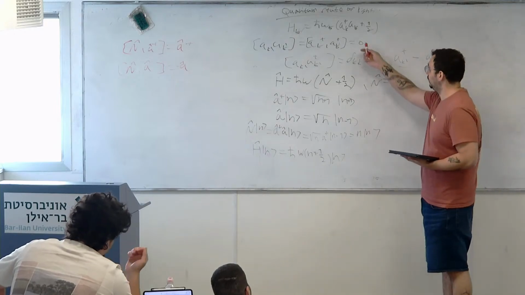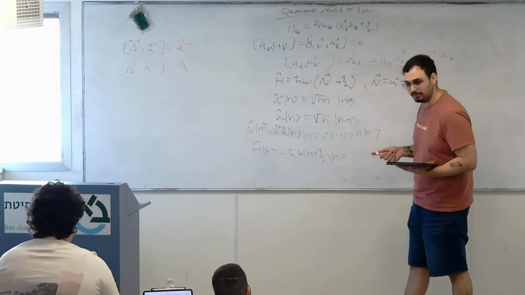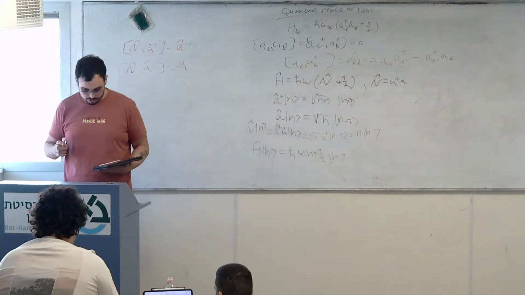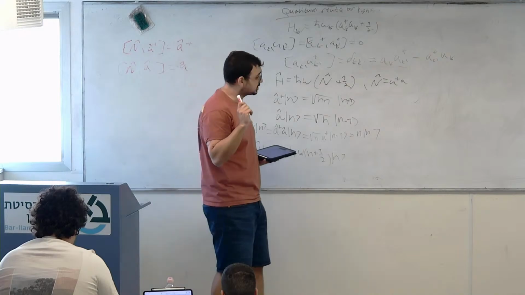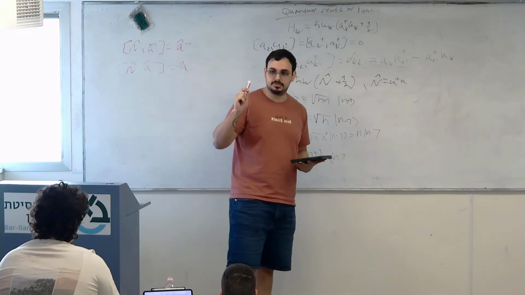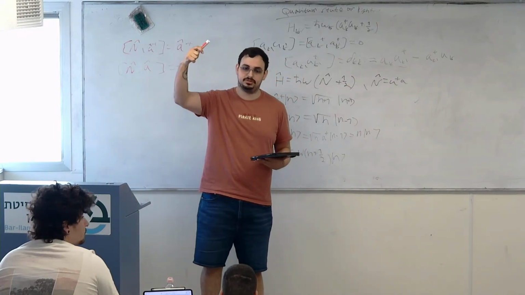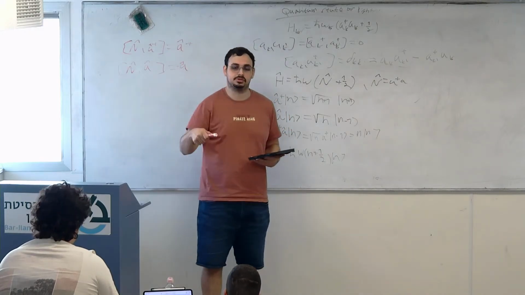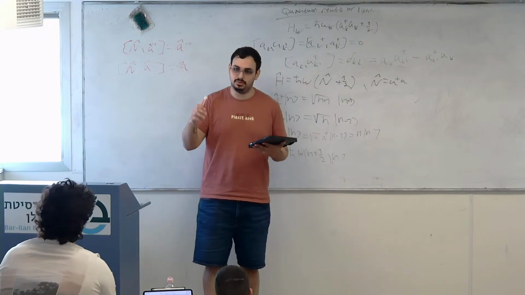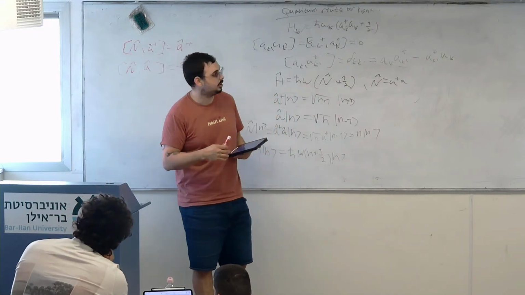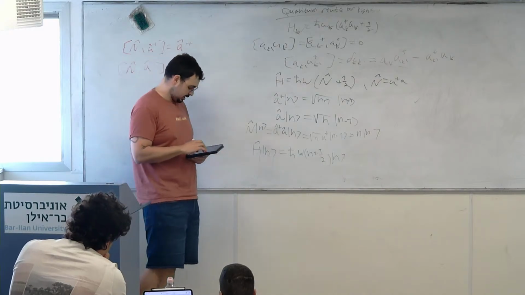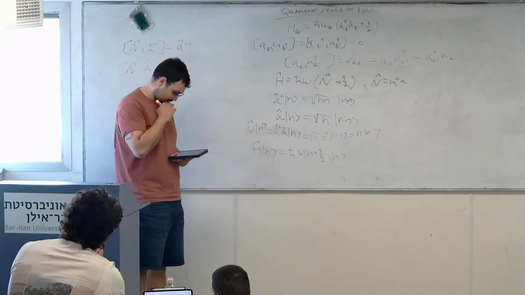So we indicate them with indexes or some other form of writing. Note that when I say ladder and I climb up the ladder, it doesn't mean that I add energy to the photon. Technically it means that I add more photons to the same energy level. So there is 1 photon, 2 photons, 3 photons, whatever. It's not the same as increasing the energy of the photon. Really different. Okay.